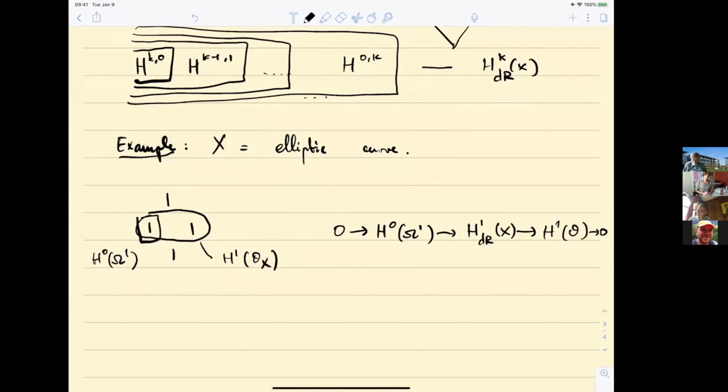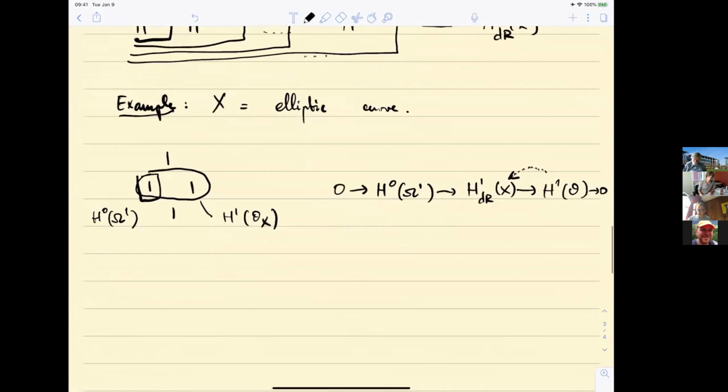In other words, finding a map that splits the surjective map from H^1 de Rham to H^1 of O. So in particular, if we think about X as C mod Z plus Z tau, maybe, for particular tau in the upper half plane, then I can think about the form dz on C that descends to the elliptic curve.